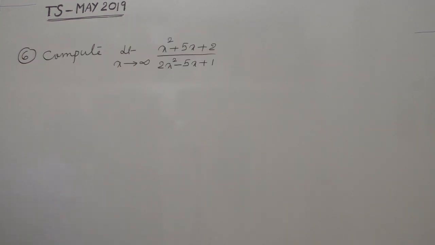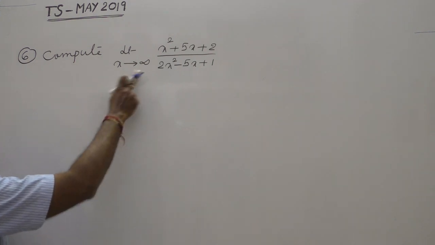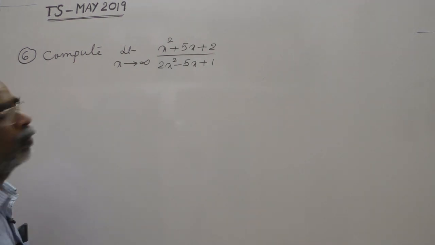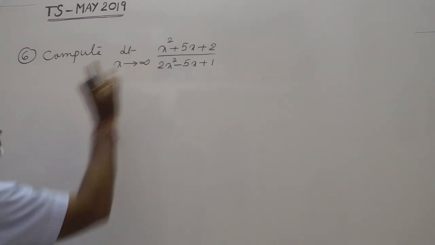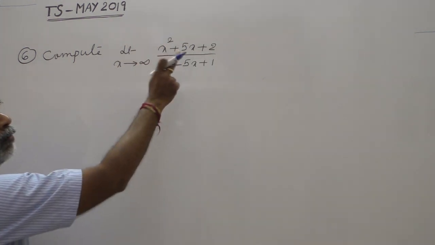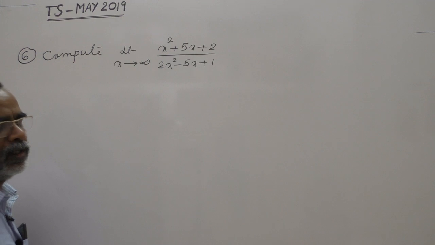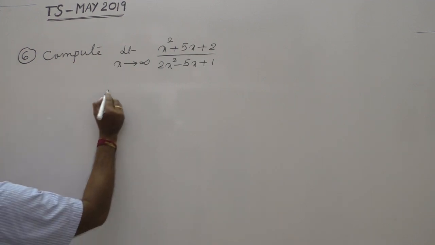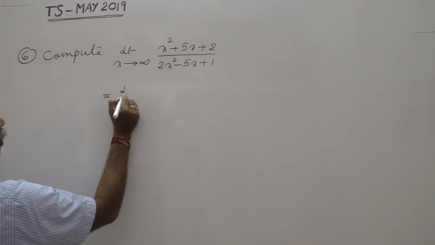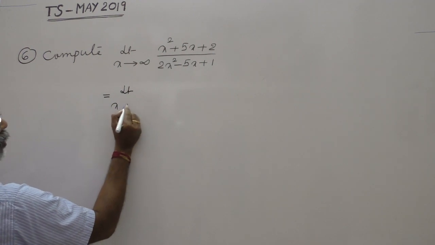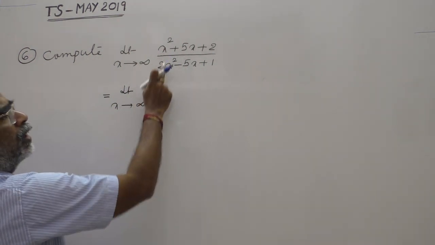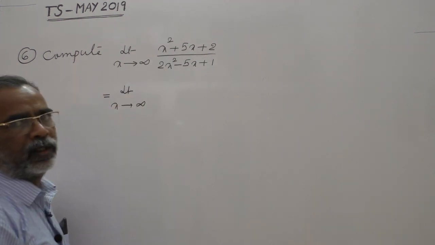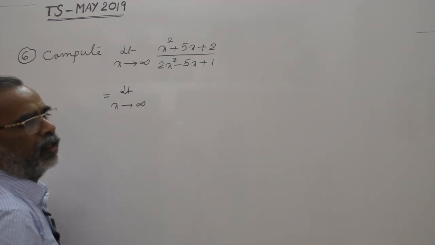Next, question number 6. Compute the limit. It is a limit problem. Here x is tending to infinity. If you write the limit in that, you will get infinity by infinity, which is an indeterminate form. So we will proceed as limit x tends to infinity. In the numerator and denominator, two expressions are there.